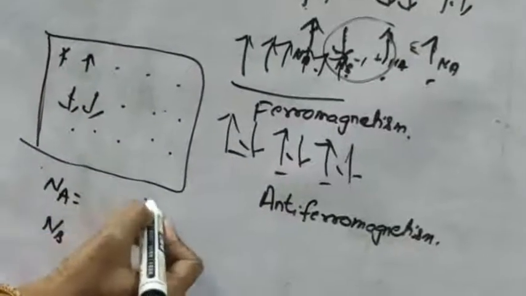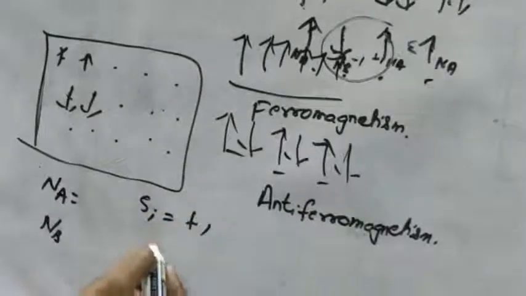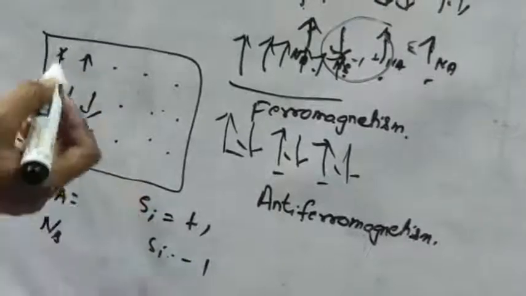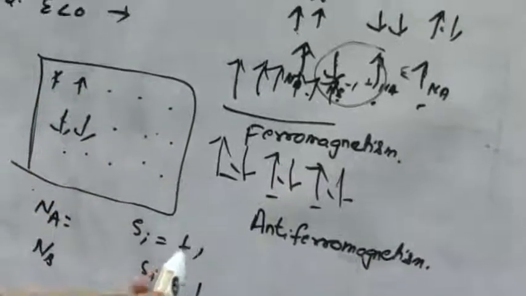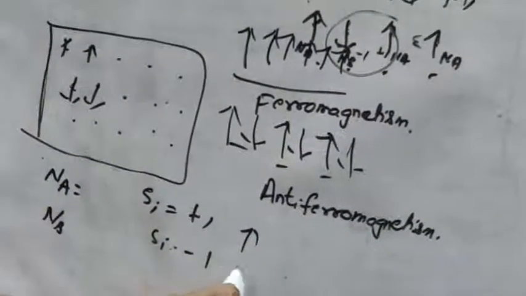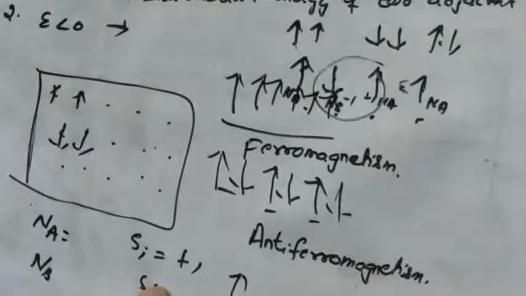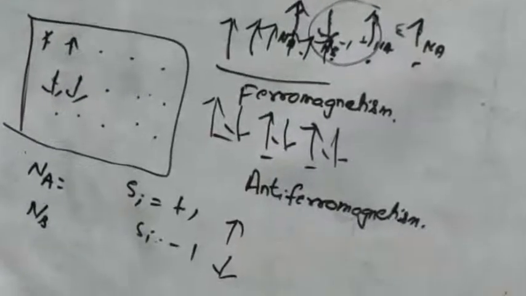We also considered two more parameters, S_i equal to +1 and S_i equal to -1. +1 represents a particle with up spin, the upward direction, and -1 represents the spin of a molecule in the downward direction. Our aim is to calculate the interaction energy of neighboring molecules.